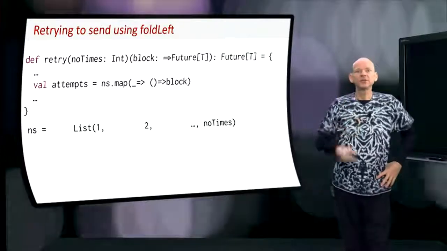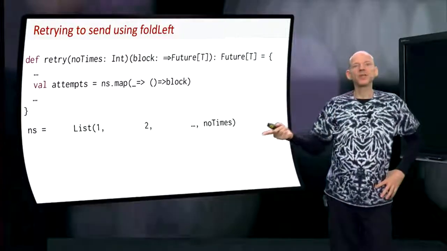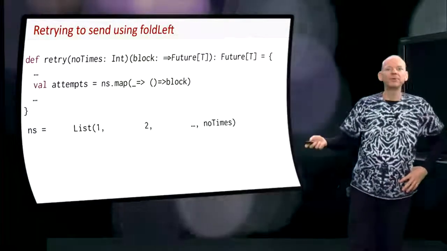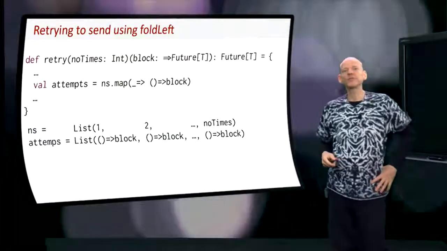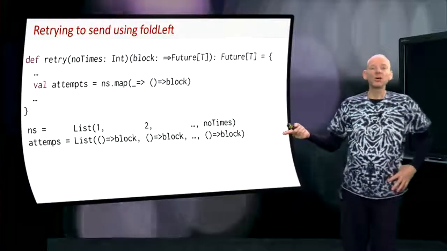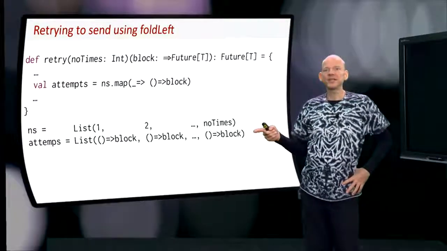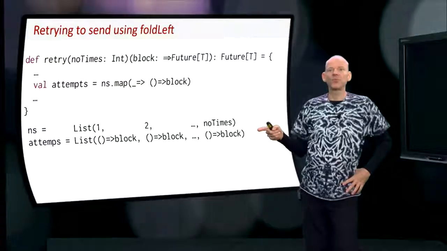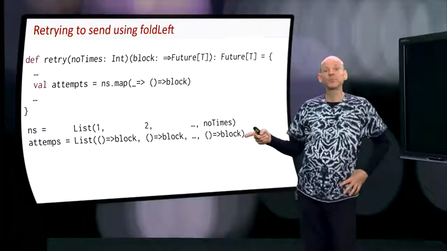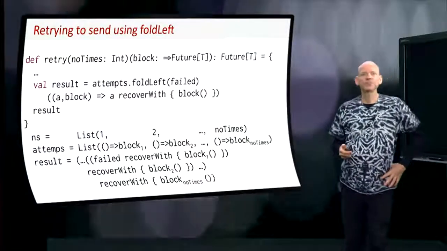First, we're going to run the list. That's the simple thing. When we run the list, now we're going to map the number of attempts over that, so now we get a list of n blocks. And remember, it is super important to do this here because we don't want to accidentally execute the blocks. So we have to build this little thunk that hides the block.